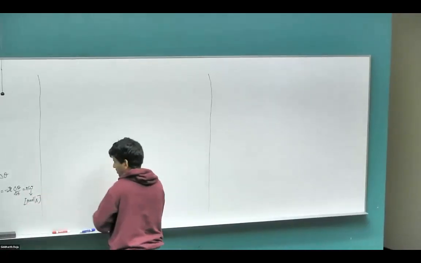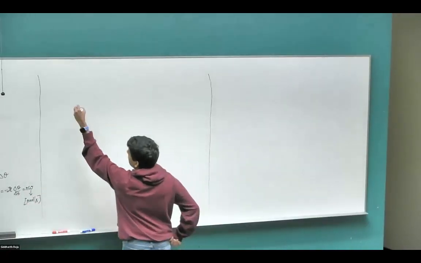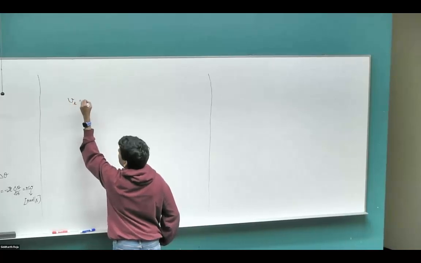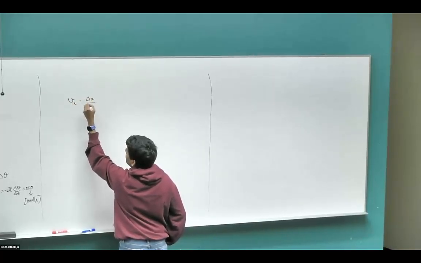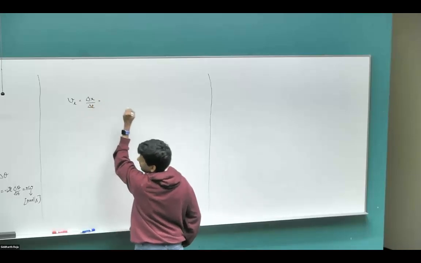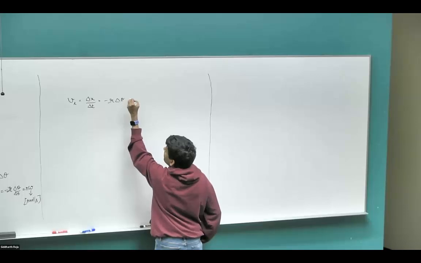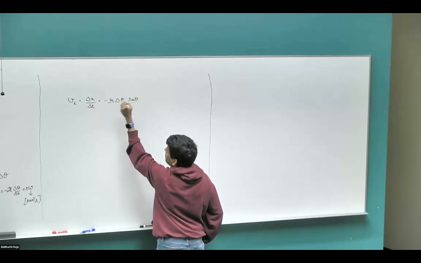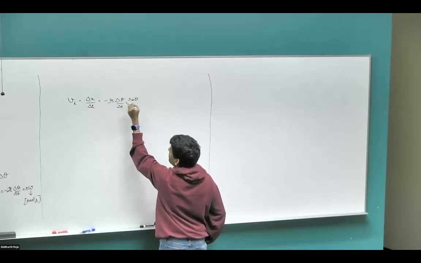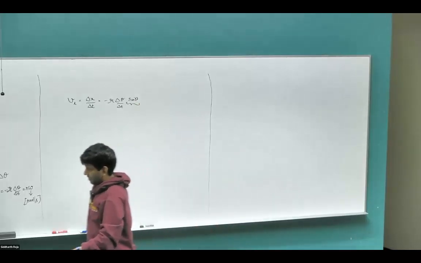Now that we have our displacements defined, let's look at the velocity component. Vx is just going to be delta x divided by delta t, and then we have r delta theta times sine of theta divided by delta t. This itself we can replace.